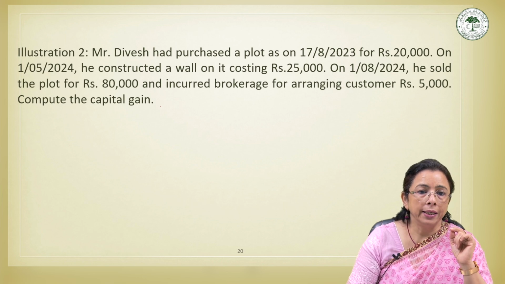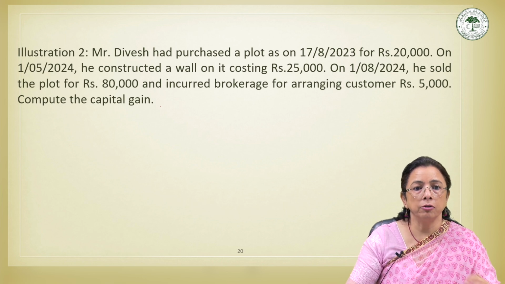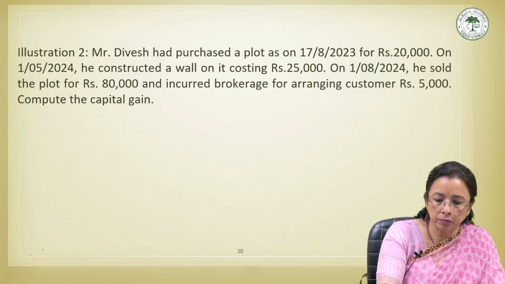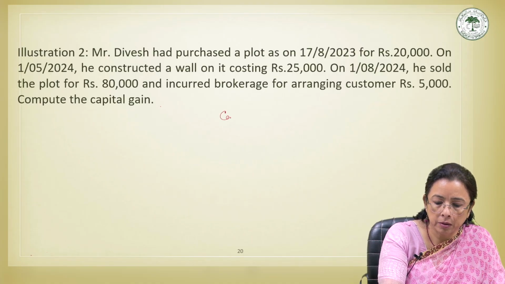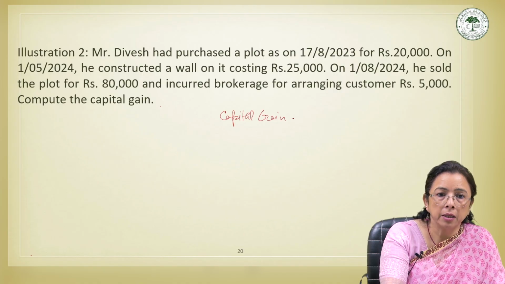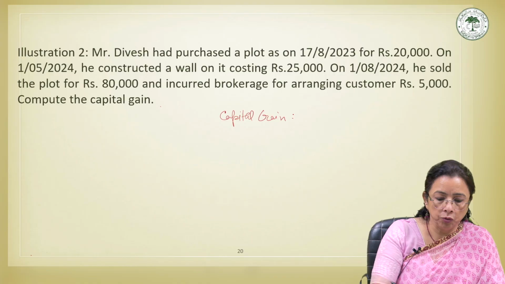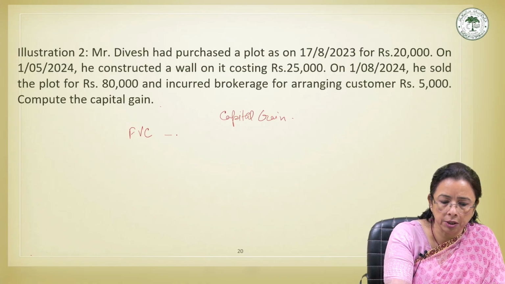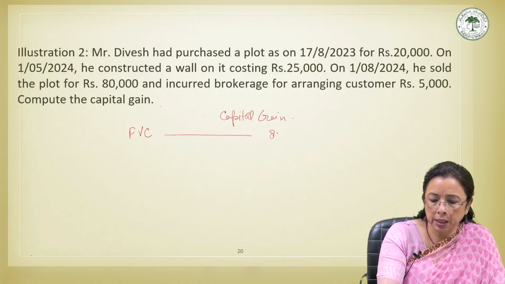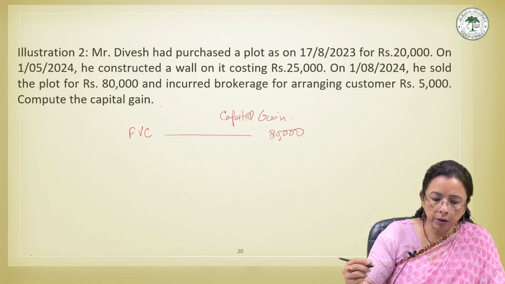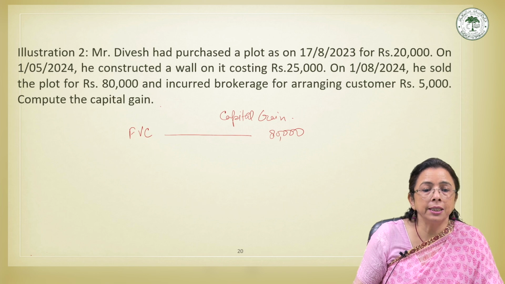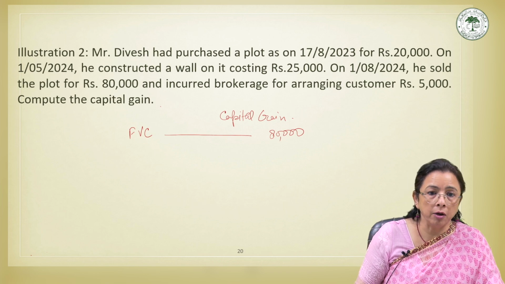So let us solve this for calculating the capital gain. The first thing that we are going to take into consideration is FVC, full value of consideration, which is rupees 80,000. After that, from this we will deduct all the expenses that are allowed.